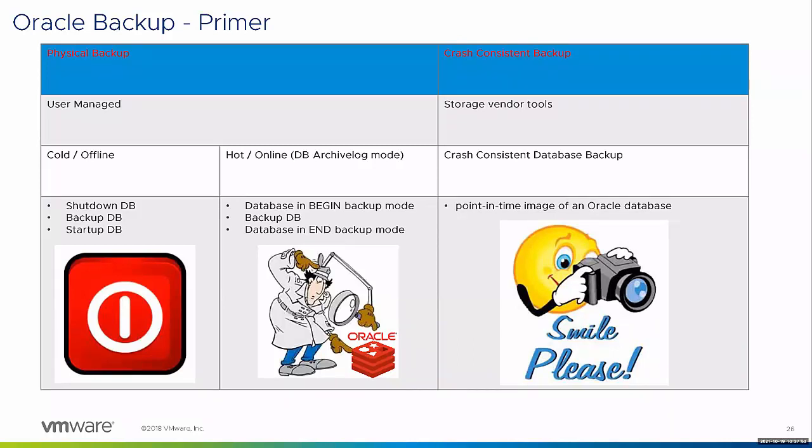Anytime you take a clone of a running database, be it a clone at the VMware vSphere level or even a storage-based clone, we'll see that in the forthcoming slides, when you bring it up, Oracle does its magic. Oracle does what's called instance recovery or crash recovery, brings the database up, and makes sure that the data is consistent as of the point in time the snapshot or picture was taken.